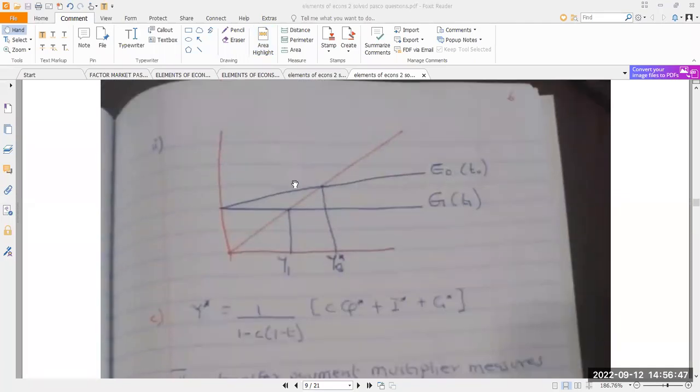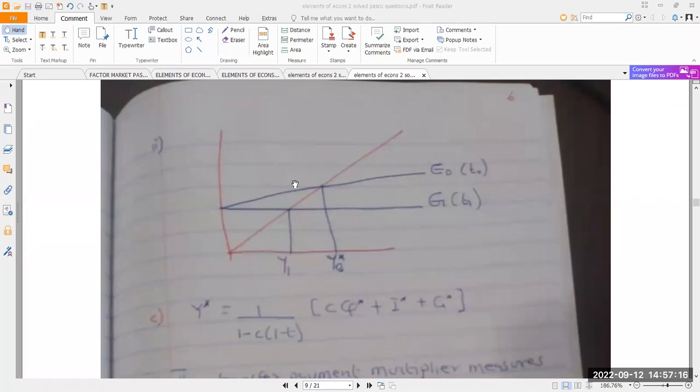Right, if you take this one, we are saying that we want to use graphs to show the effect of an increase in the marginal tax rate on income. Now, the marginal tax rate is a component of the Keynesian multiplier, and that gives the slope of the aggregate expenditure curve. So, if there's an increase in the marginal tax rate, the aggregate expenditure curve rotates downwards.